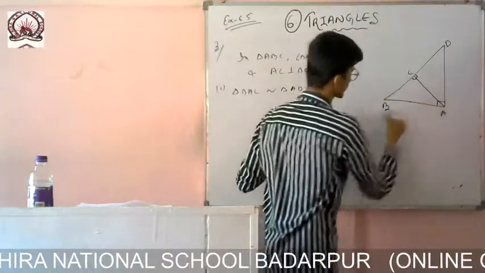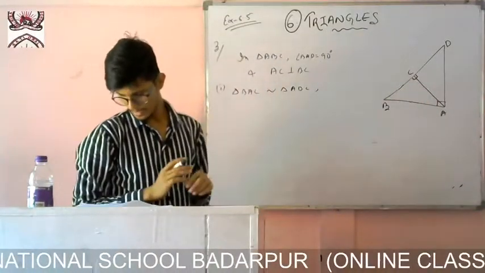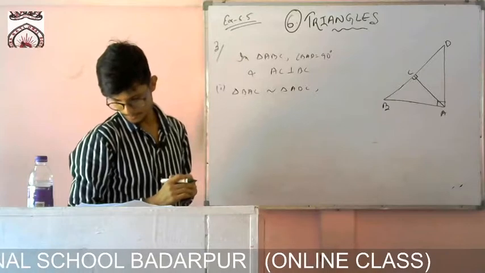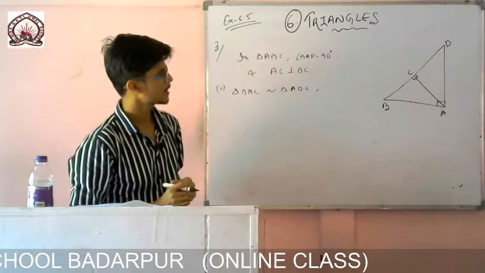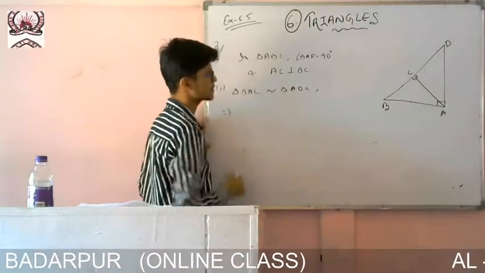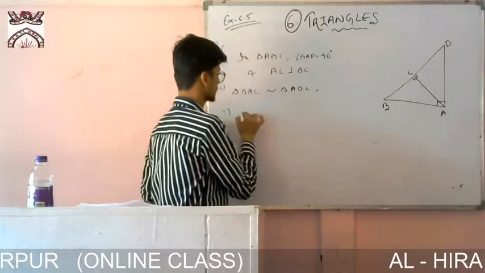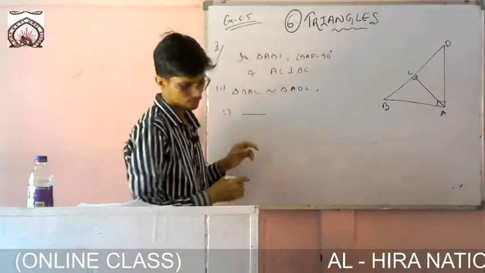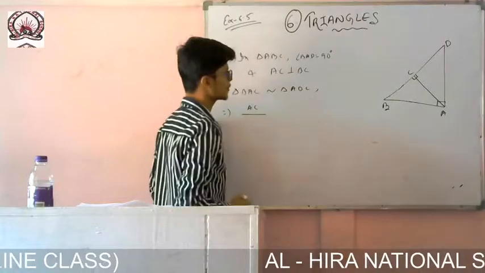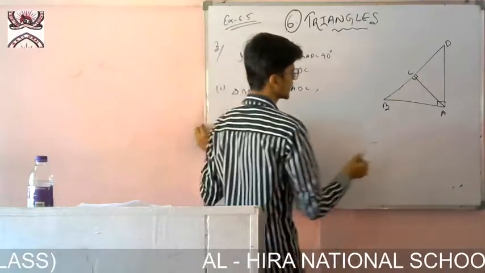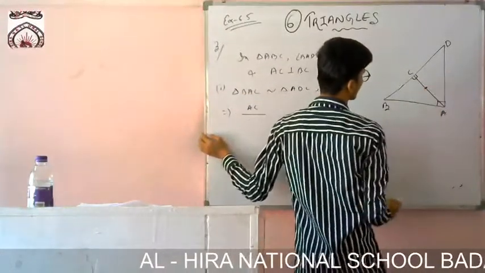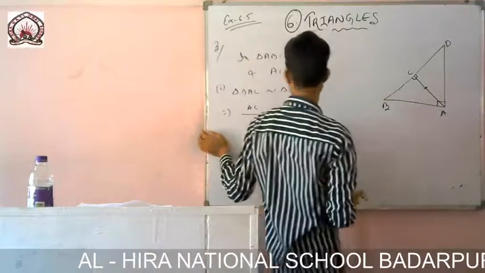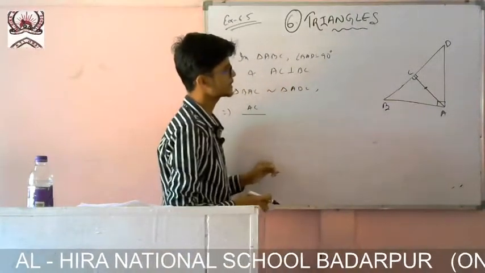First of all, I need AC, BC and DC. So AC will be equal to, for ABC we are talking, AC. This is the perpendicular, so for this one AC, and for that one it will be DC.